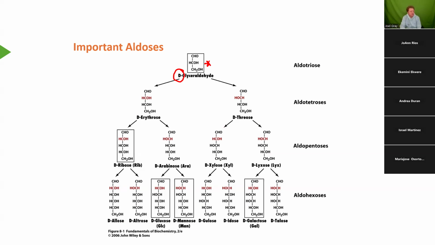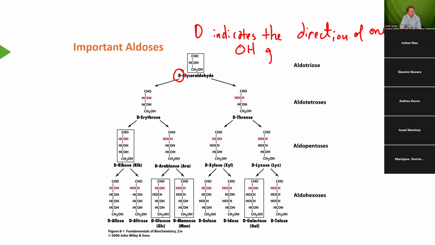Okay, so D-glyceraldehyde. I'm going to tell you that letter D indicates the direction of one specific OH group.